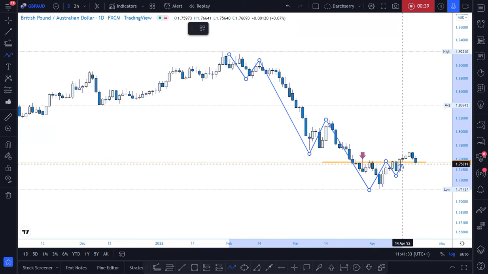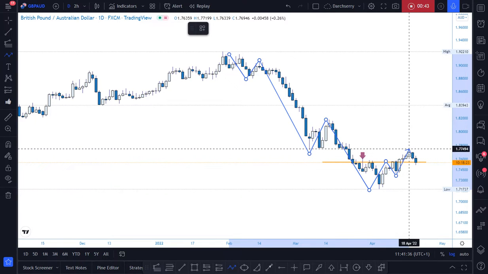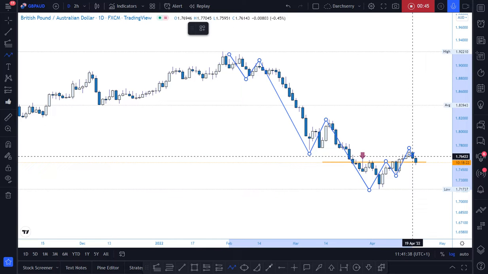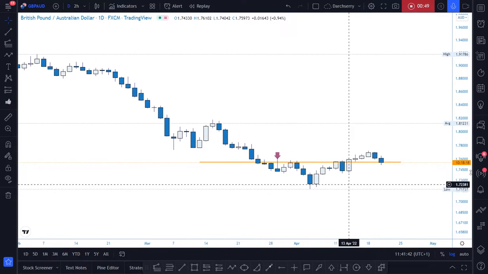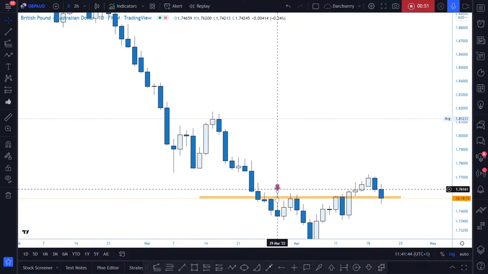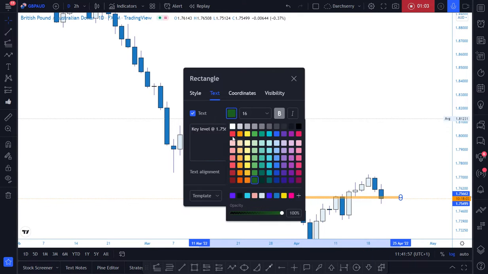And this culminated in the breakout of the key level that we identified during our last publication on this pair. And remember, our key level still remains at 1.75600. Let me label this 1.75600.